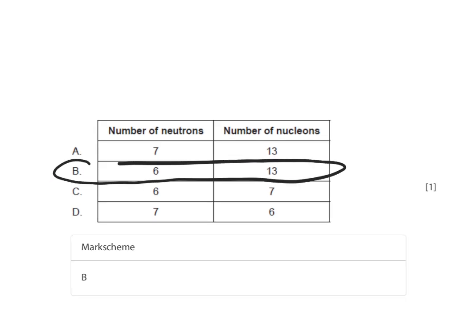That's dirty, because 7 and 13 is choice A, right? It is not. It is 6 and 13, choice B. Okay, and that is it for the paper 1A questions for E5. We'll see what the paper 2 questions look like.